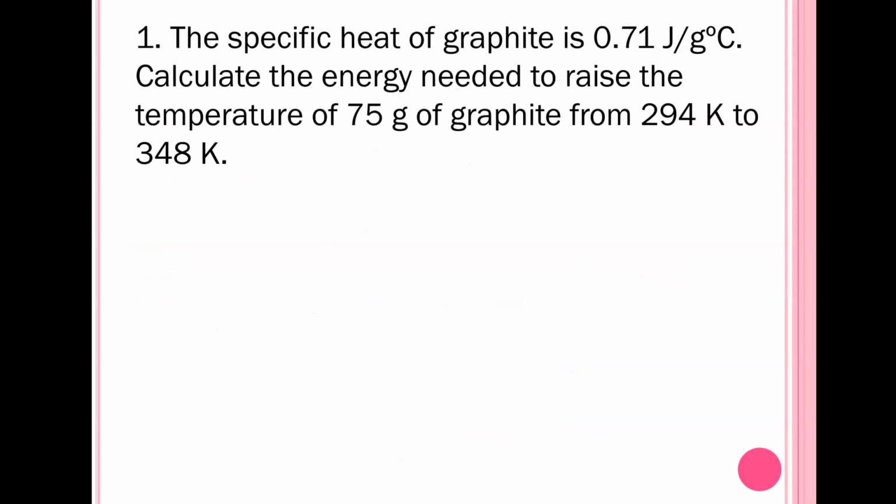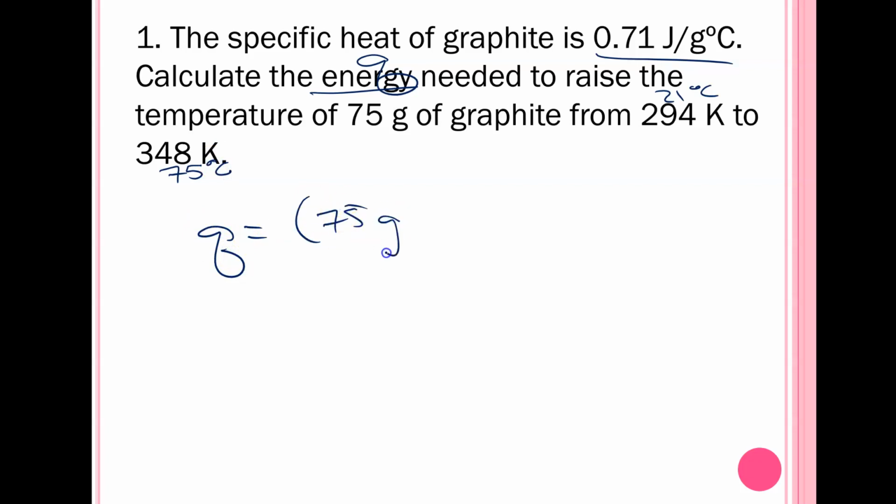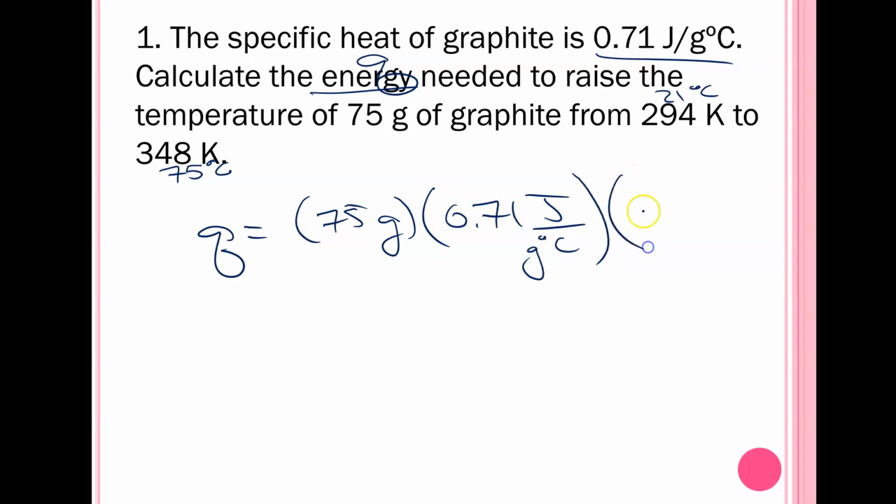It says the specific heat of graphite is given. Calculate the energy, that means Q, needed to raise the temperature of 75 grams of graphite from 294 Kelvin, or if you want 21 degrees C, to 348, or if you want 75 degrees C. So Q equals the mass, 75 grams, times 0.71 joules over grams degrees C, times the temperature change.